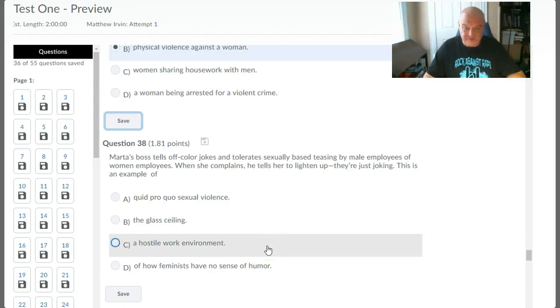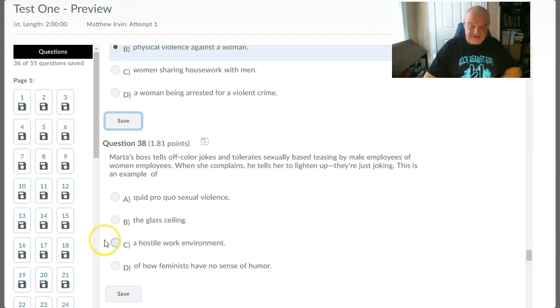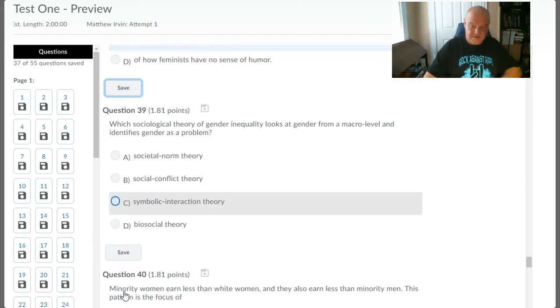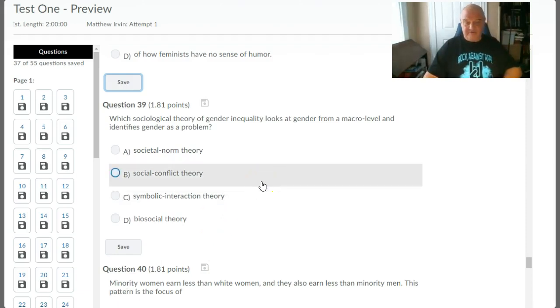Question 38. Marta's boss tells off-color jokes and tolerates sexually based teasing by male employees and women employees. When she complains, he tells her to lighten up, they're just joking. This is an example of a hostile work environment. Question 39, which sociological theory of gender inequality looks at gender from a macro level and identifies gender as a source of problems?